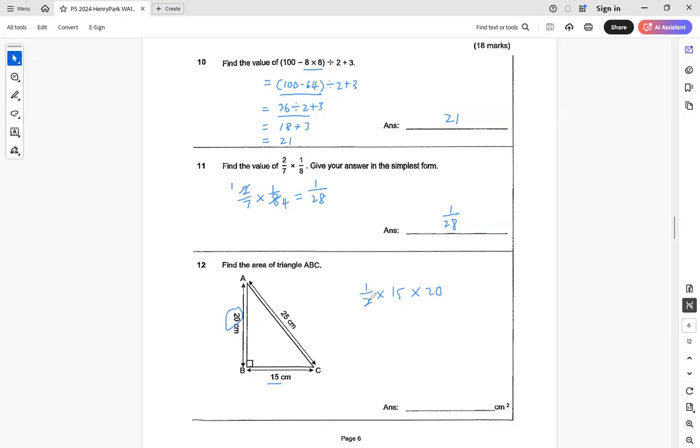So here you have a 2, and the one that I can actually simplify with 2 is 20. So I make 20 into a fraction. Both 20 and 2 we can divide by 2. So this one we get 1, and 20 divided by 2, I'll get 10. So the resulting 1 over 1 is just 1. 15 times 10 will give me the answer 150.